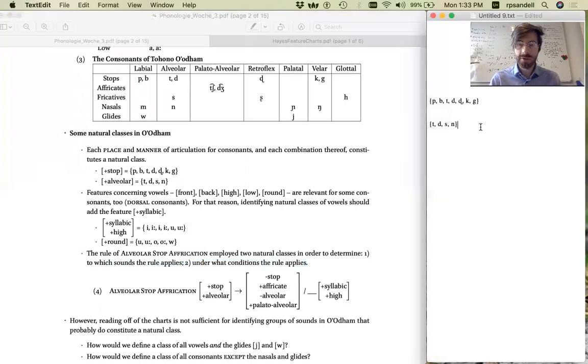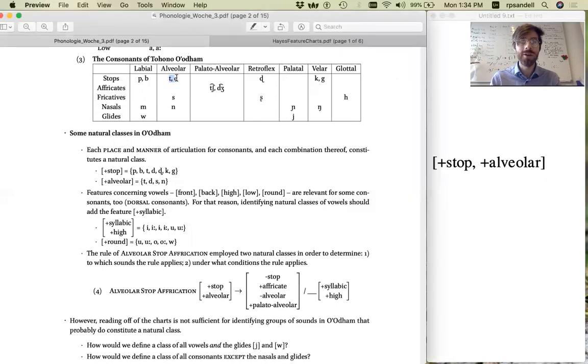So firstly, the natural class consisting of sounds that are plus stop and plus alveolar in this feature system, we can see that that picks out one square in our table here that focuses in on the alveolar stops.